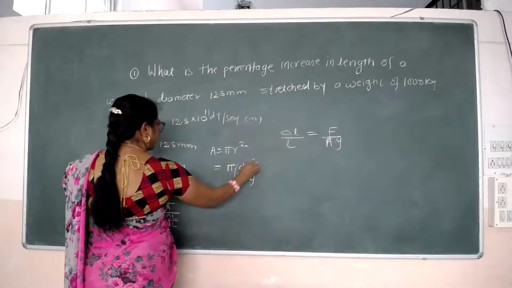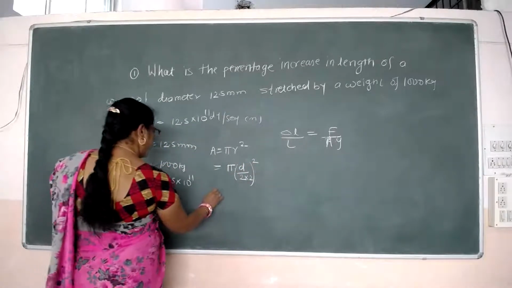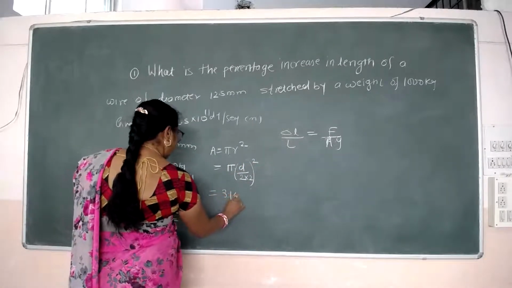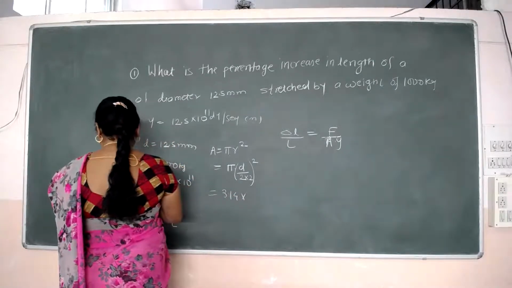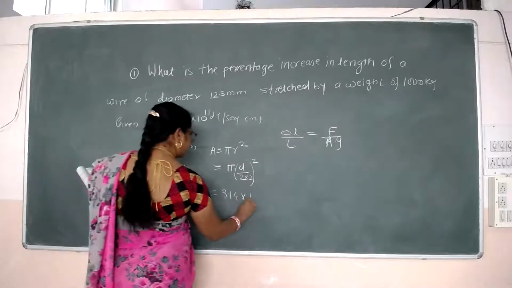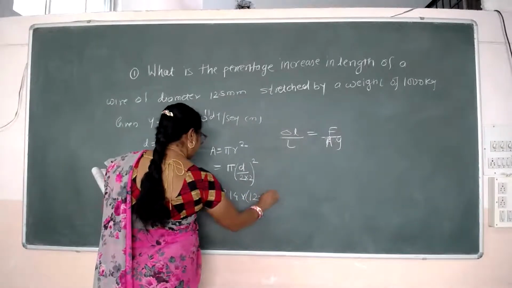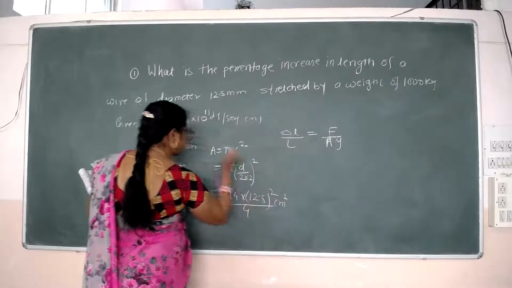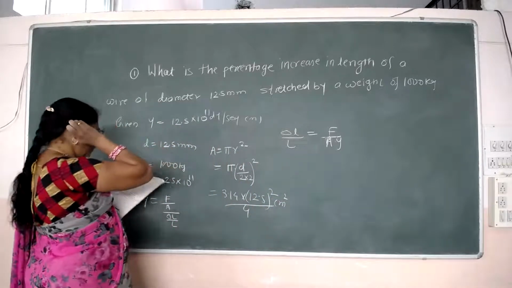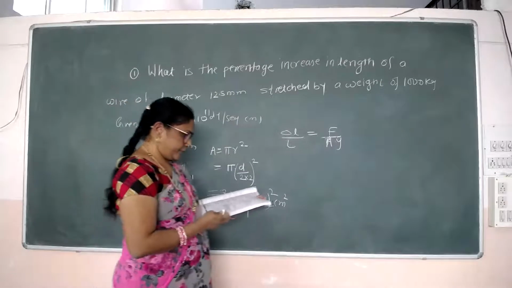So the area is equal to pi, 3.14, into the diameter of the wire, 12.5, square, divided by 4. The value is in centimeter square. Then find the value of area.